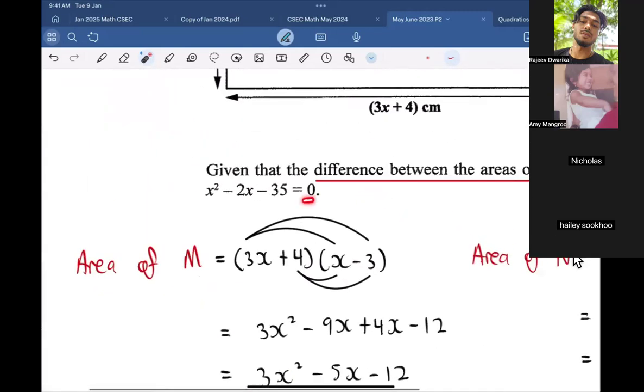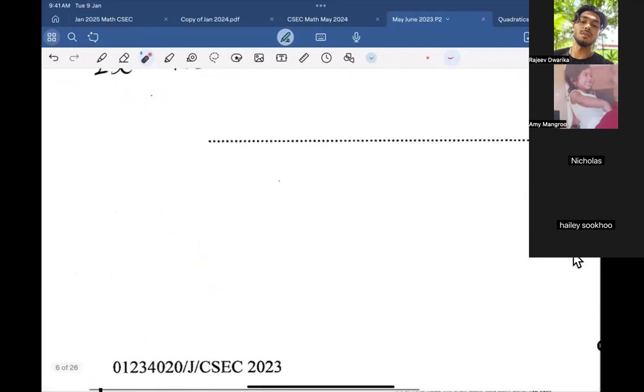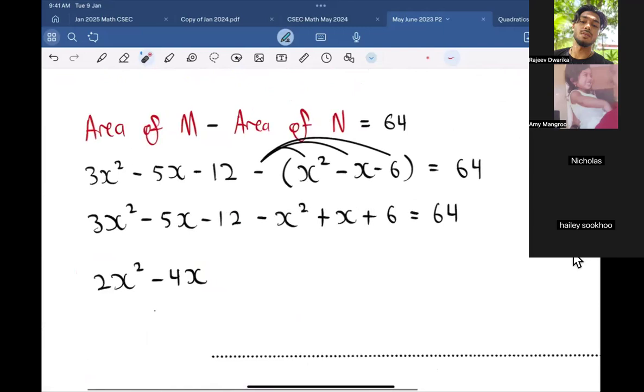Look at how they want it to be. Are you seeing anything on the right hand side? This is the left hand side, this is the right hand side, 0. So you think we're gonna keep the 64 on the right hand side? Think about it logically.